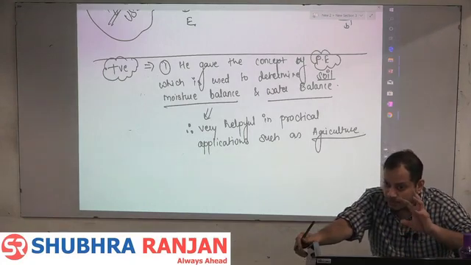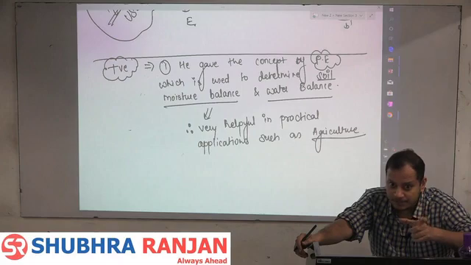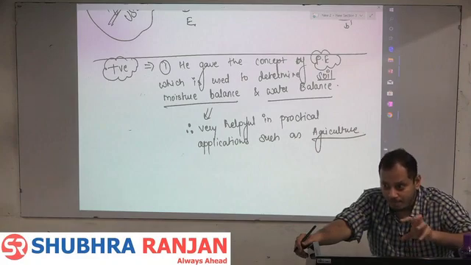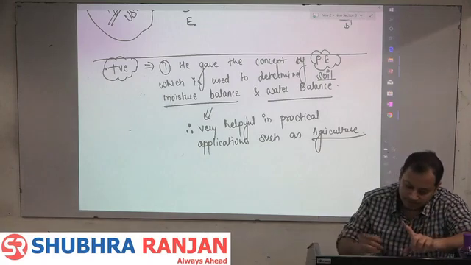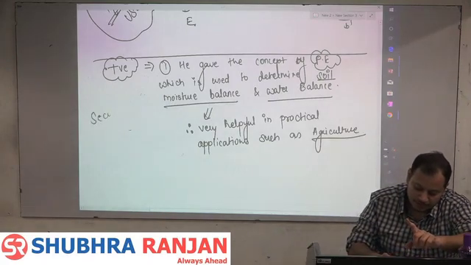Thornthwaite is different from Köppen in second classification. He does not, 1948 के classification में, he does not take vegetation as an input. He takes potential evapotranspiration as an input. Fine. Second classification, you should remember, is not based on vegetation.